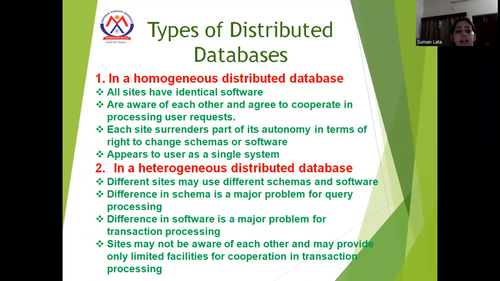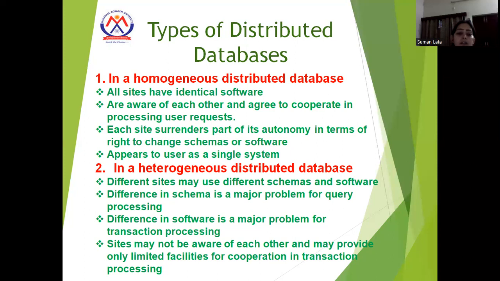All sites have identical software, are aware of each other and agree to cooperate in processing user requests. Each site surrenders part of its autonomy in terms of the right to change schemas or software, and appears to the user as a single system.